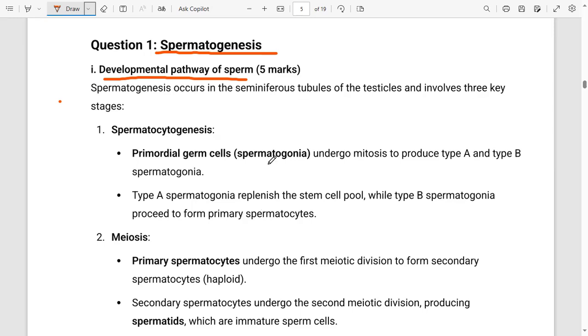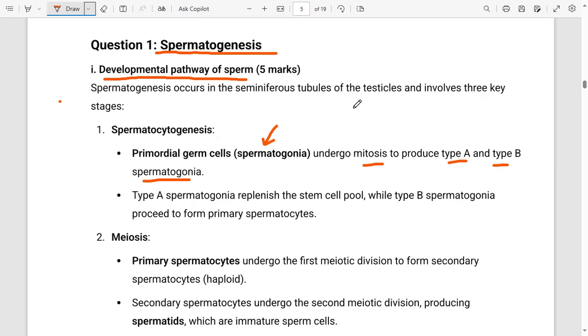In the first step, this spermatogonia will undergo mitosis. And we know that when something undergoes mitosis, it produces 2 offspring. So this spermatogonia undergoes mitosis to produce type A and type B spermatogonia. In short, it divides into 2 by the process of mitosis.